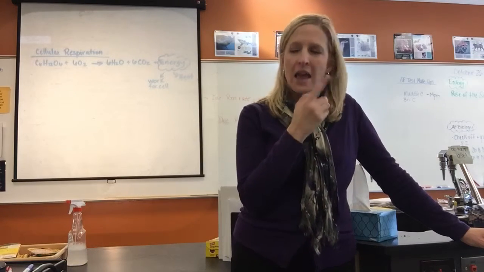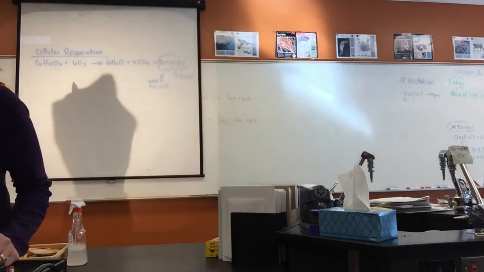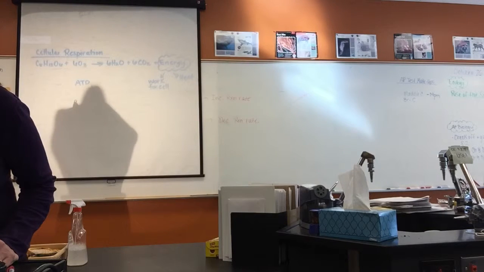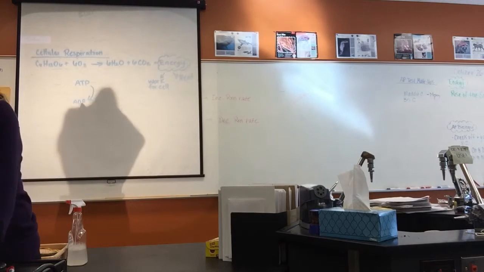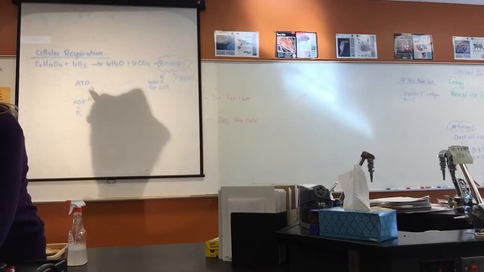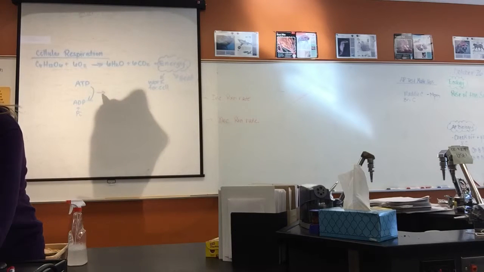What molecule? ATP. So let's relate this to ATP. When we use ATP for energy for the cell, ATP is broken down into ADP and an inorganic phosphate, which means it's not attached to anything. Is this process exergonic or endergonic? This is exergonic, which means that energy is released.